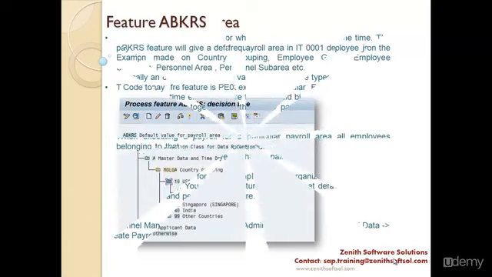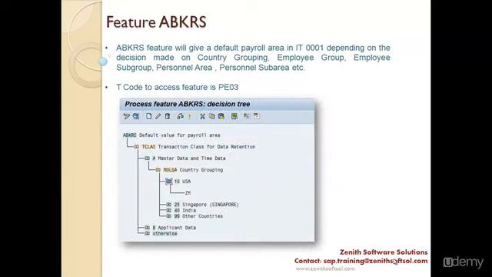Now let's see what is the feature ABKRS. As I mentioned, the ABKRS feature is used to default the payroll area in infotype 1. We know infotype 1 has a field called payroll area. Now the purpose of this feature is to default the payroll area in that infotype depending upon the decision tree. Whenever I talk about a feature, it is basically talking about the decision tree.